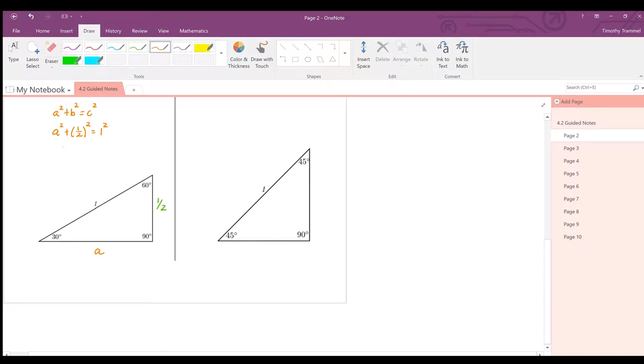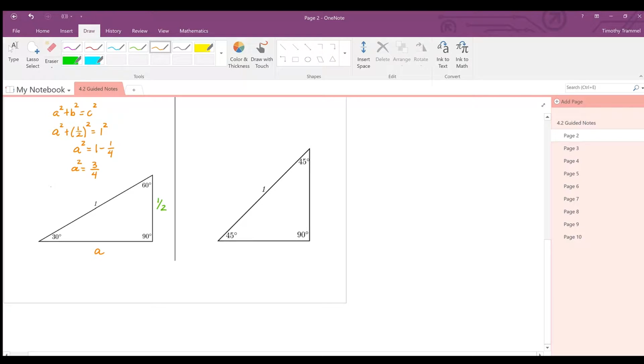And then c squared, well, c is 1, so we have 1 squared. If you square 1/2, that's going to give you 1/4. So we have a squared is equal to 1 minus 1/4, and that gives you a squared equals 3/4.